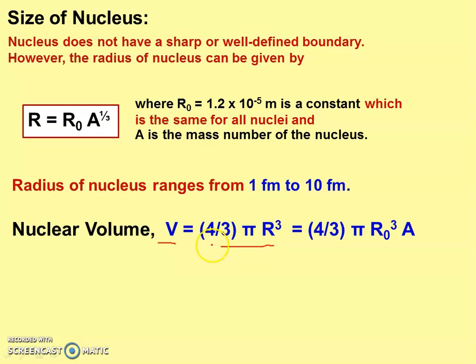We can substitute the value of R over here, so we get 4 by 3 pi r naught cube A. It means V is directly proportional to A. As the mass number increases, the volume of the nucleus also increases. So we can write V is directly proportional to A. Clear?